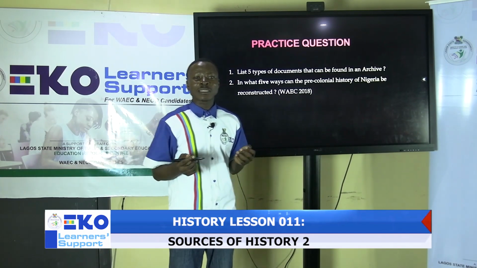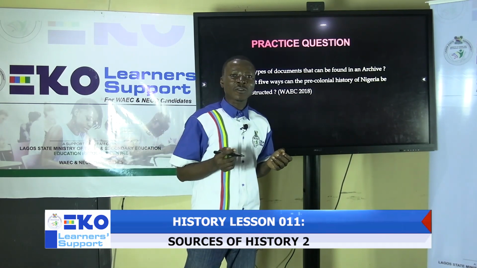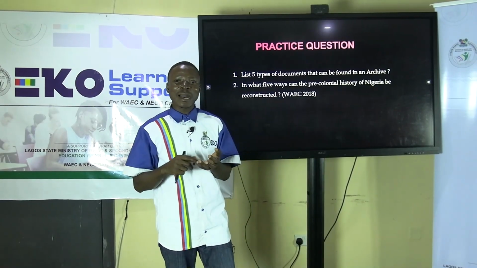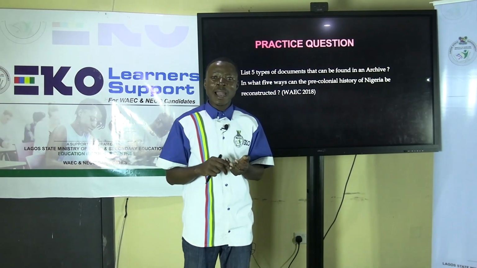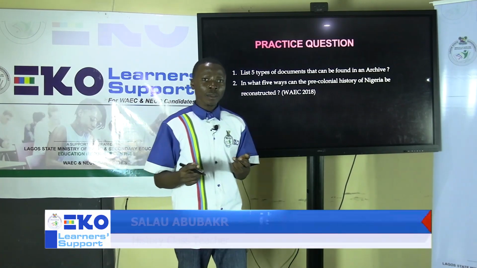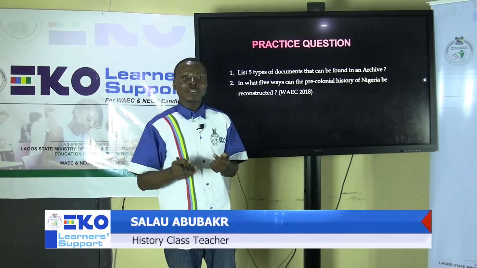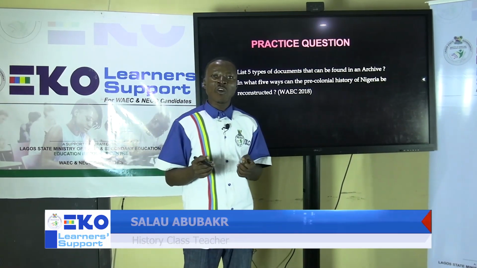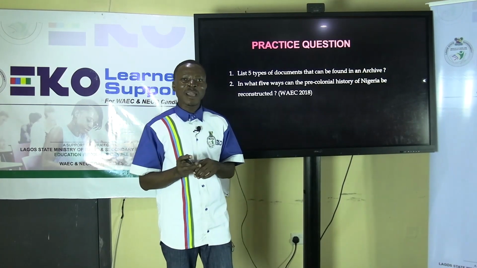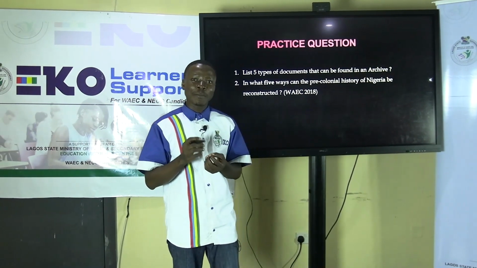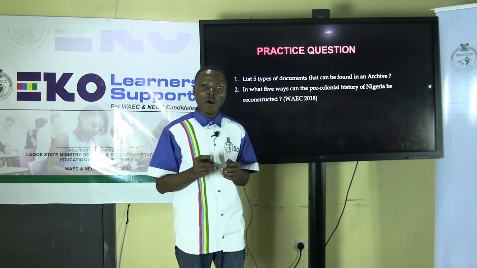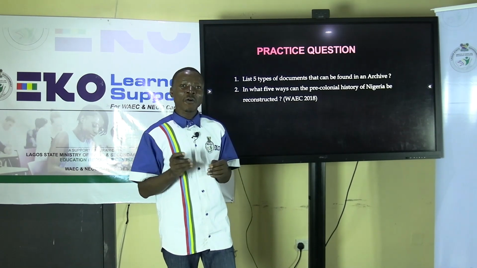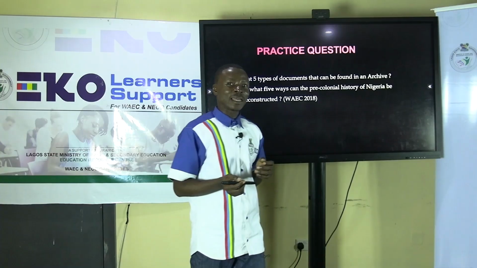As we've already talked about archives as a source of history, the documents that can be found in archives include written materials, newspapers, magazines, journals, and other written materials, and also government gazettes, the report of inquiry, and the report of committees of inquiry established by government.